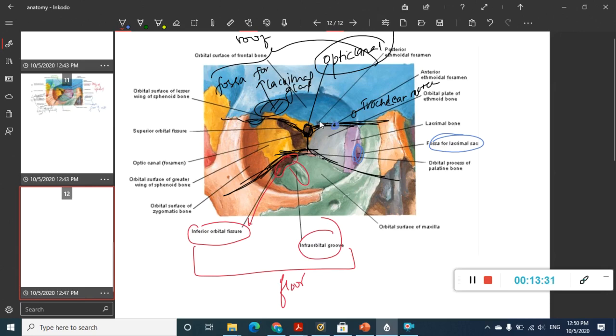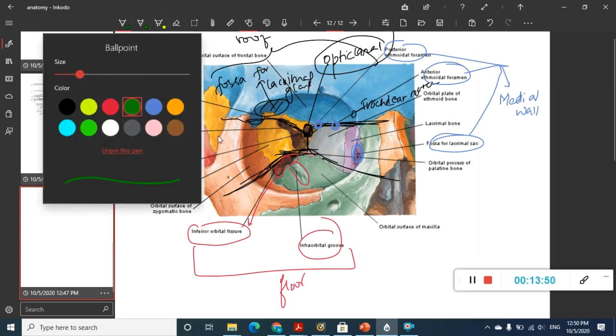One is here, one is here. This is the posterior ethmoidal foramen and the anterior ethmoidal foramen. Both are present in the medial wall. All these three are important in the medial wall: the fossa of the lacrimal sac, the posterior ethmoidal foramen, and the anterior ethmoidal foramen.